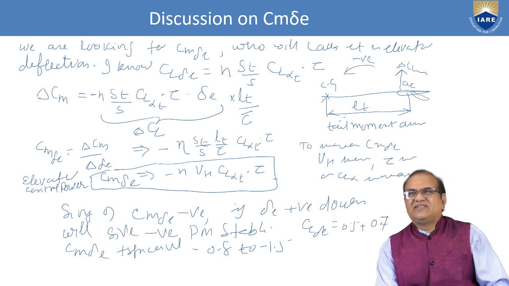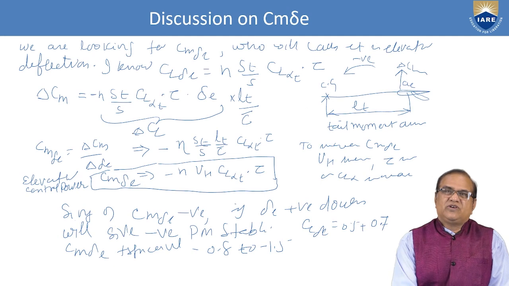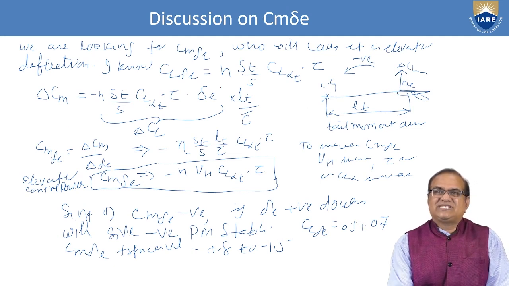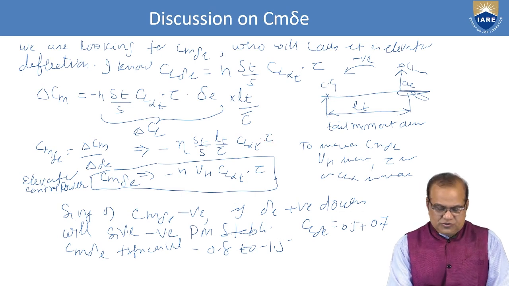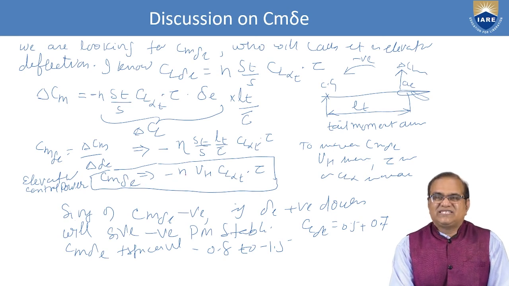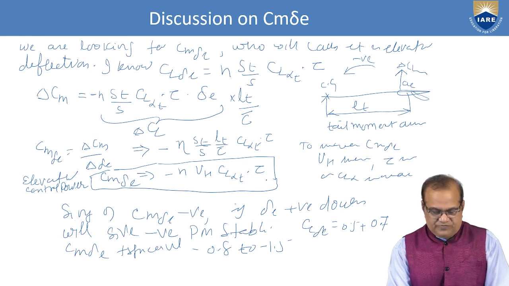All the parameters are shown here. If I take Cm delta E, meaning delta Cm by delta E, this delta E will vanish. So I will get minus eta St by S, LT by C bar, CL alpha T into tau. So the elevator control power, Cm delta E, is equal to minus eta VH CL alpha T into tau.